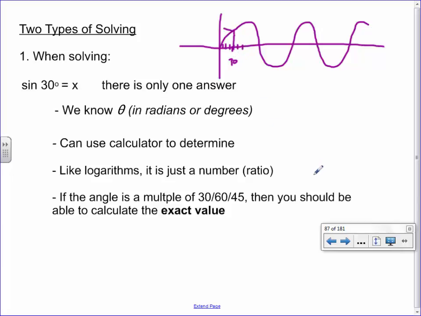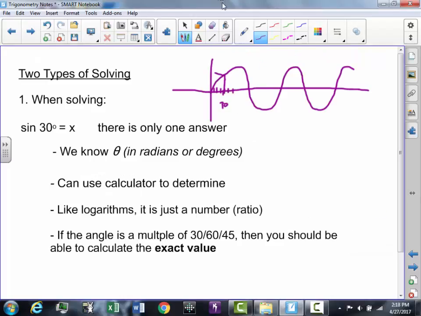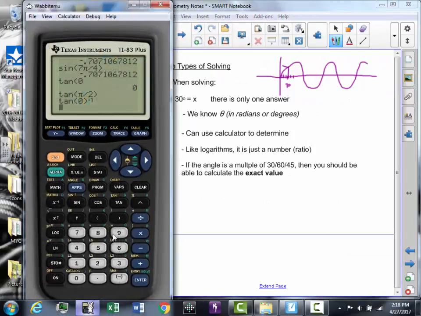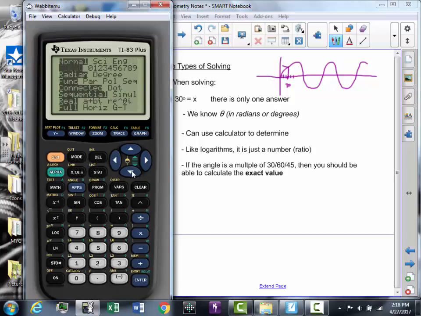So one of your options is just find it on your graphing calculator. I mean, literally, you could even just do sine of 30 right here. Why not do that? Just make sure you're comfortable flipping between radians and degrees. So look, sine of 30 is 0.5. That's one way I could solve it. But there's more.